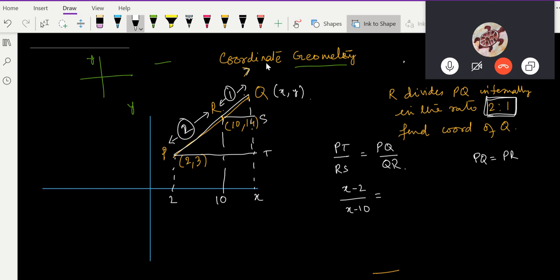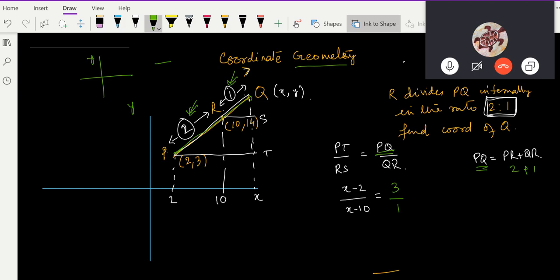PQ is nothing but PR plus QR. PR is 2 and QR is 1, so 2 plus 1, which is 3.